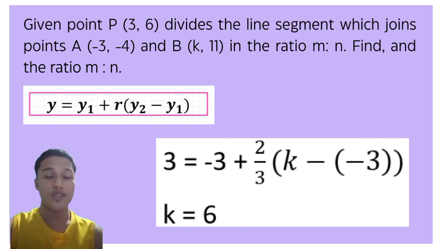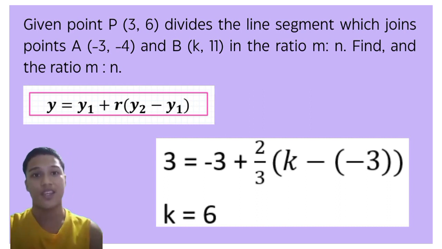So we substitute the given values that we have: 3, which is the y, equals -3 plus the ratio, which is 2/3, in parentheses, (K - (-3)).